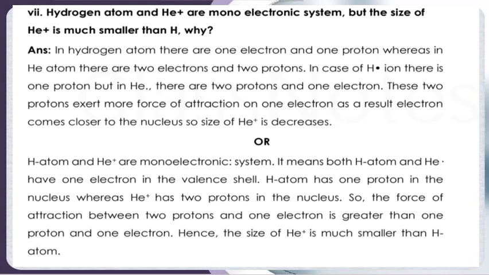So the attraction is higher compared to hydrogen, where there is one-to-one attraction, that is, one proton attracting only one electron, while in He plus, two protons are attracting only one electron present in the first shell. So the shell size will shrink due to this force of attraction between the protons and the electron. This is your correct answer.